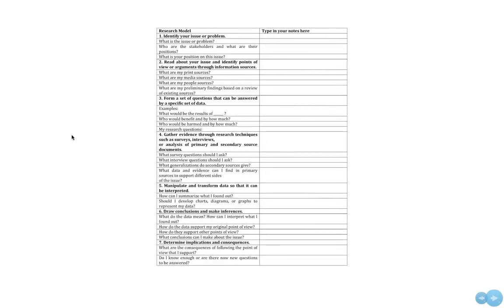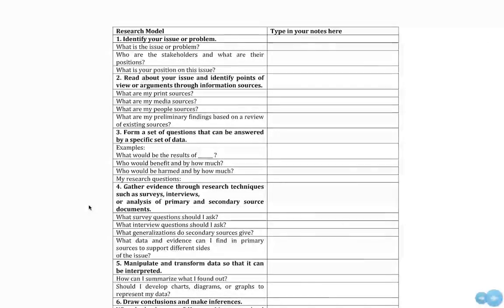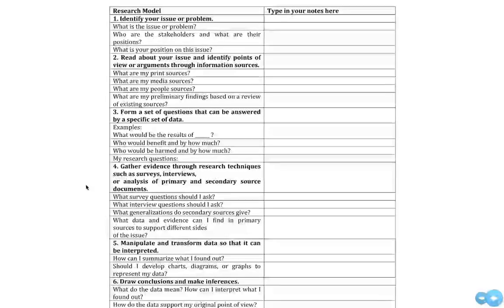And this is a handout that is given to the students about the research model, so that they can actually use it to construct their notes and make sure that they're following a systematic process. So the units contain a variety of opportunities for students to do research, for students to develop problem-solving skills, for them to experience some problem-based learning.